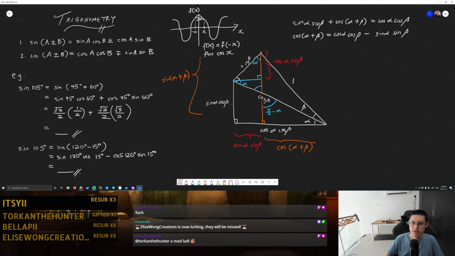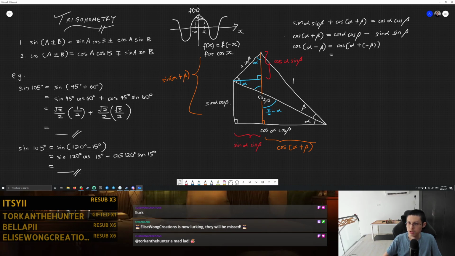So this is a property of even functions. Okay, so what this tells you is that if I were to put cos alpha minus beta, it is actually the same as writing cos alpha plus negative beta.